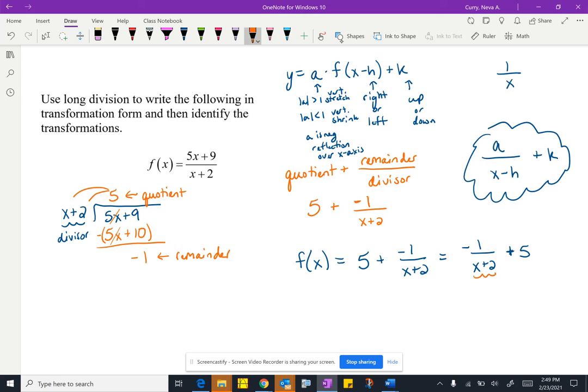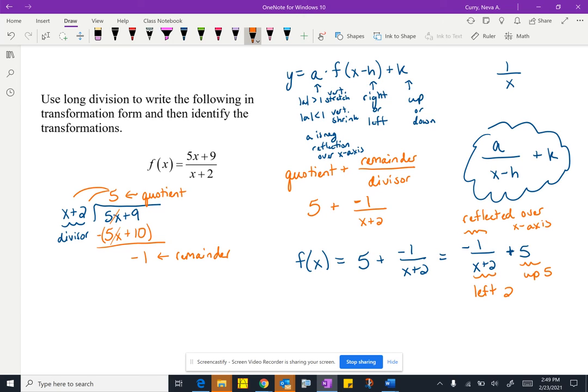So this right here is saying that we are going to go to the left 2. The plus 5 is our k value, so this here is saying we're going to go up 5. And then our a value is here, and it's negative, so we are going to be reflected over the x-axis. And so those are the 3 transformations that would be happening.